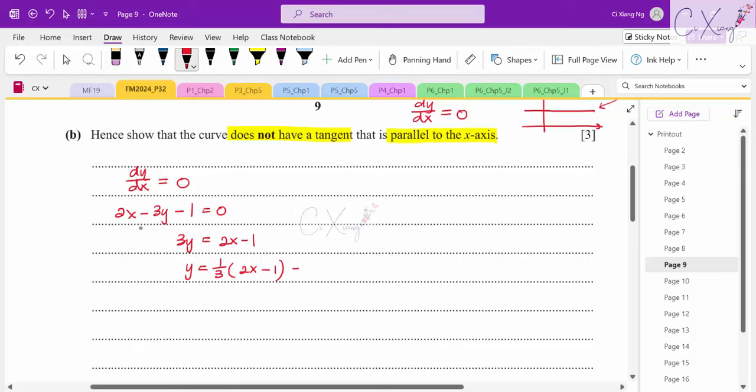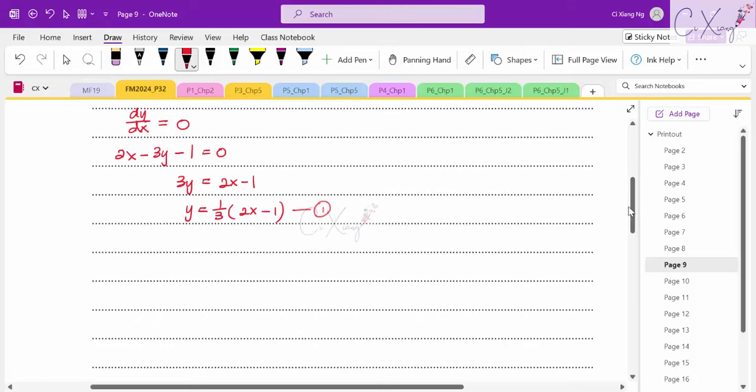Getting this equation, what I want to do next is substitute it into my original equation. Then I want to see whether there is any solution for the intersection of these 2 lines or not.